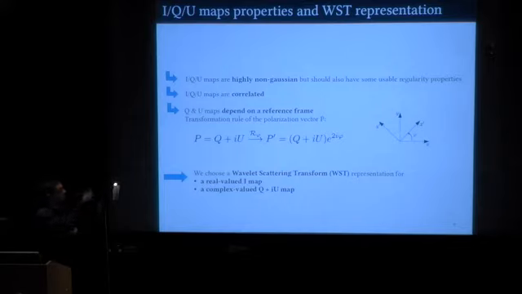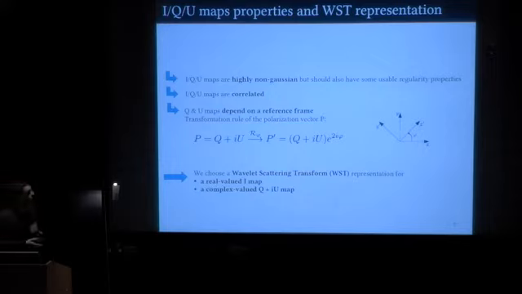These are the transformation rules of how these maps are transformed when rotating the reference frame by an angle phi. And you see that there is a natural variable in it, which is a complex polarization variable, Q plus iU. And the global phase of this complex variable has no physical meaning, as it depends on the reference frame we chose.